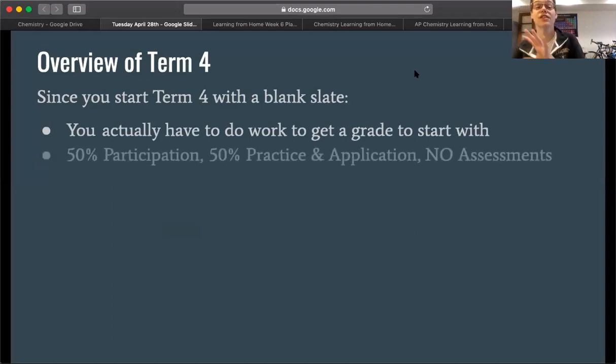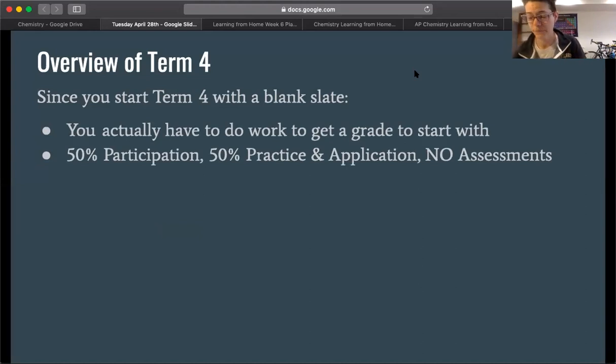But they have changed what that is. It is now 50% participation and 50% practice and application. That is a huge increase for the participation. Practice and application stayed the same, and we have thrown assessments out the window, which means no teacher in any of your classes should be giving you anything called a quiz or a test.